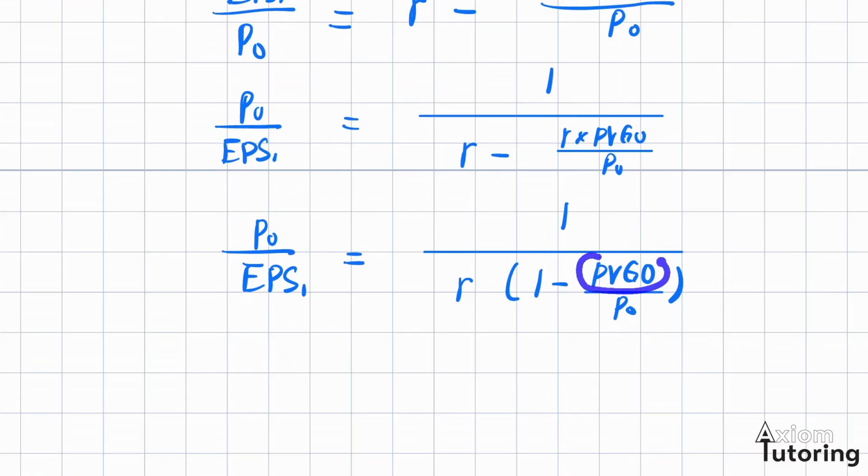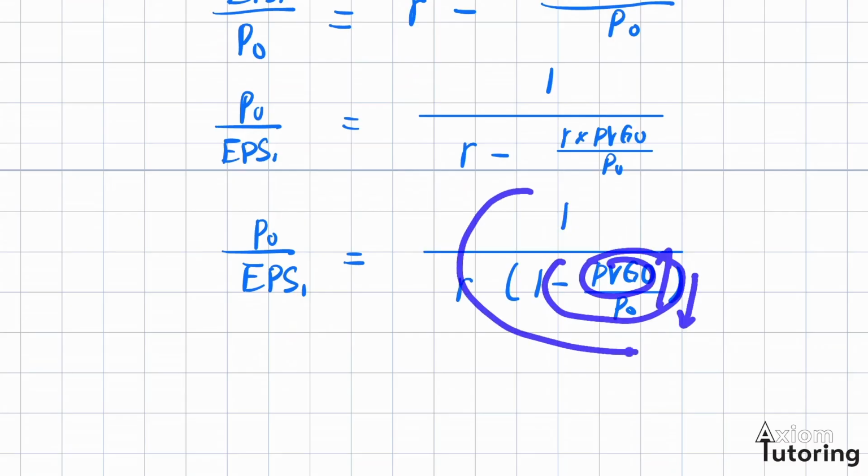Obviously there is PVGO over here. Look at where the PVGO is. It's on this bit here, so we have a negative sign, but it's also in the denominator. With higher PVGO, this thing becomes smaller, but then 1 divided by the whole thing becomes bigger.